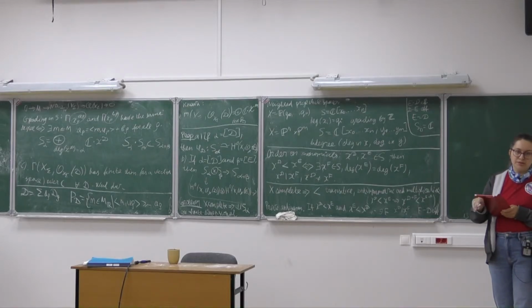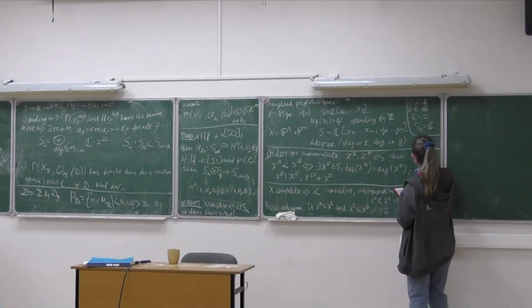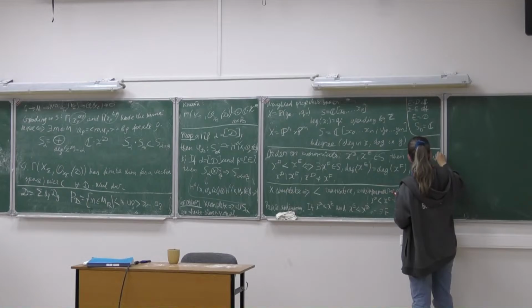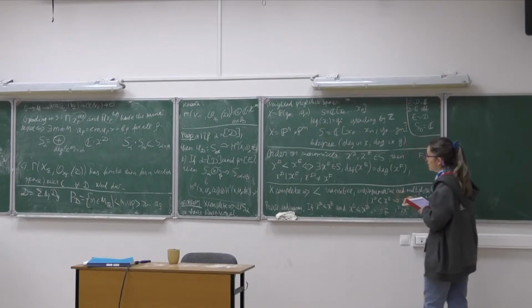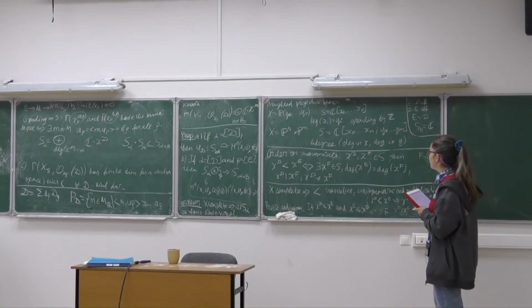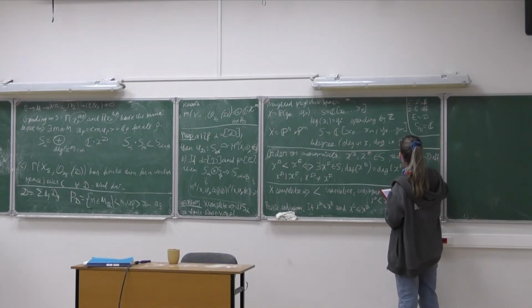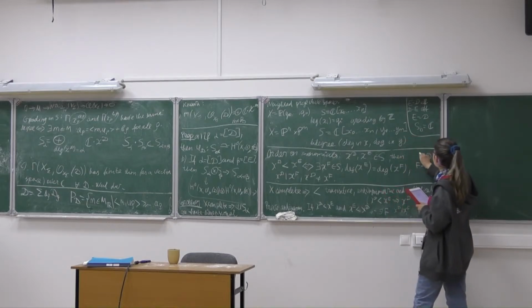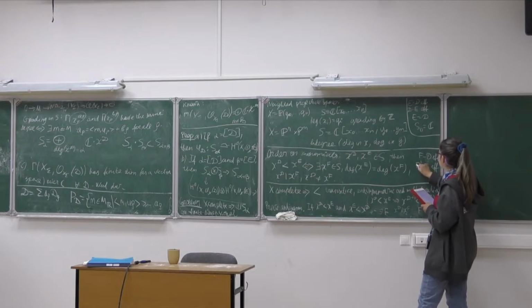Do you agree? So F minus D is effective, and in the other direction, okay, we can find F prime such that F prime minus E is effective. Okay, this has the same degree as E, and this has the same degree as D.